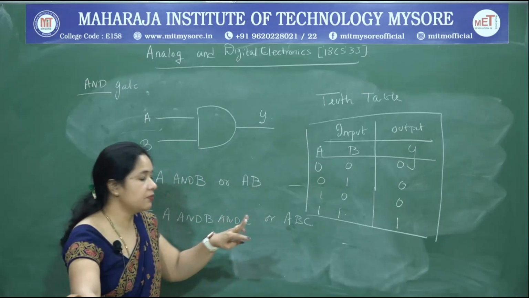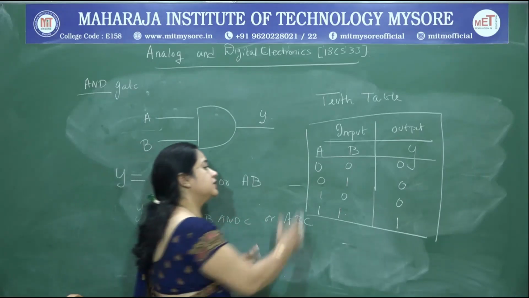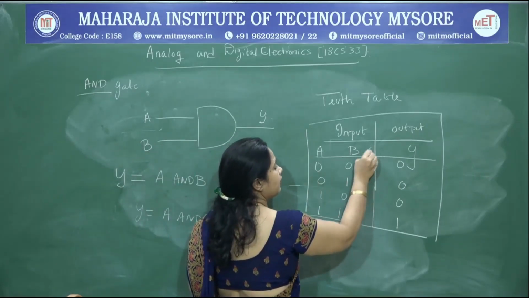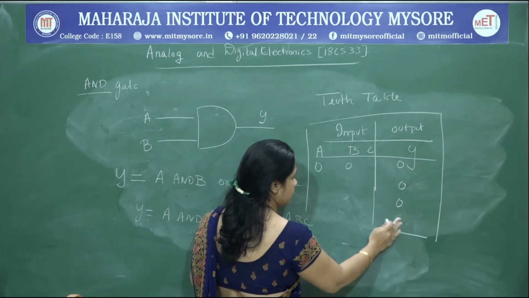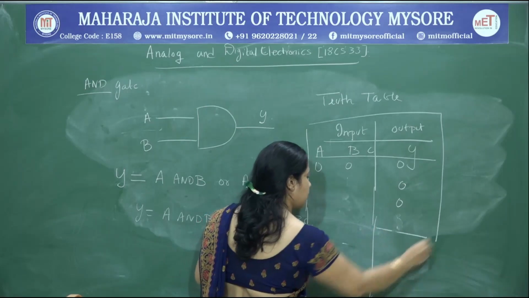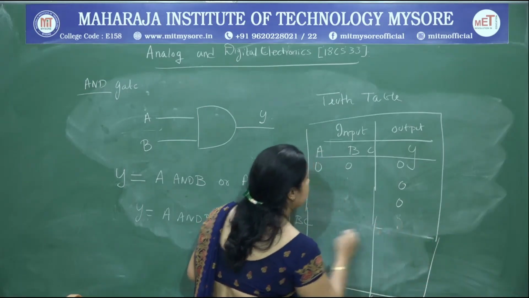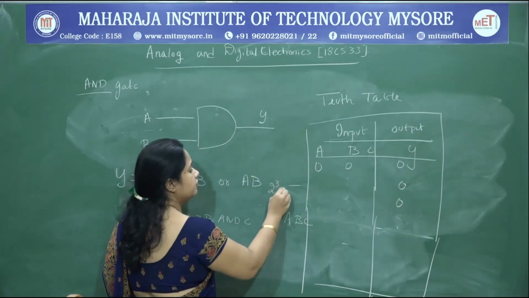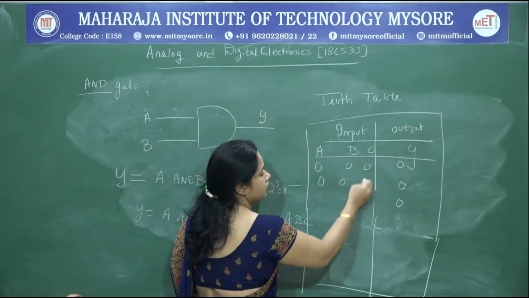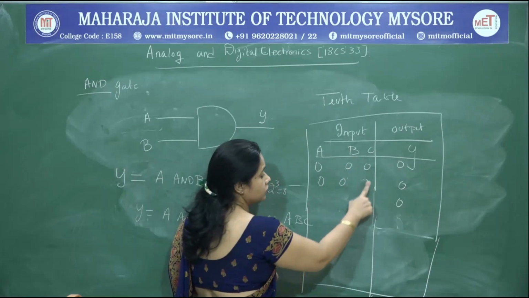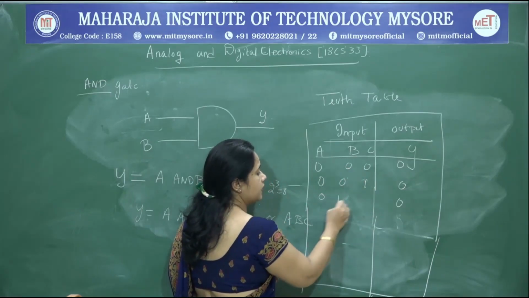If you have 3 inputs, this gets extended. So I will have to write it for C, and since there are 3 inputs, 2 power 3, we will have 8 possible combinations, 0 0 0 representing 0, 0 0 1, 0 1 0.